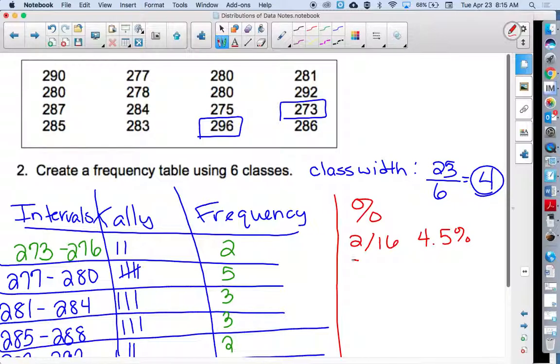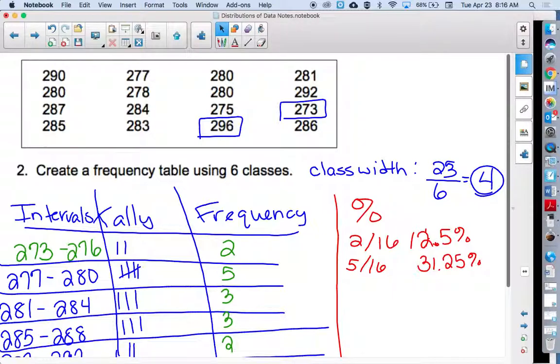Julian, how about 5 out of 16? 31.25. The first one should be 12.5. Oh, 12.5, not 4. Thanks. So then your bars would have the frequency listed as a percentage instead of listed as a numerical value. And the percentages should all add up to 100 then.